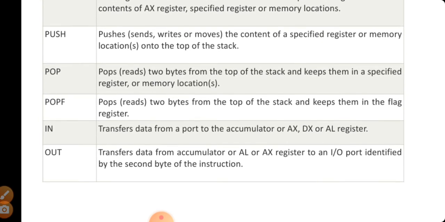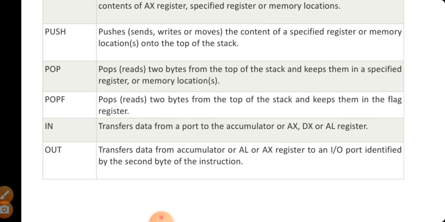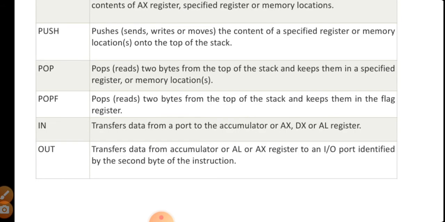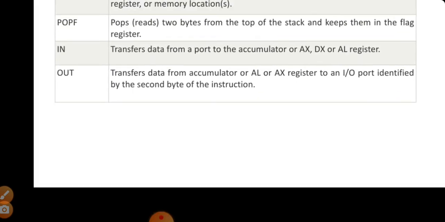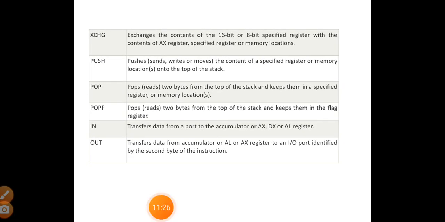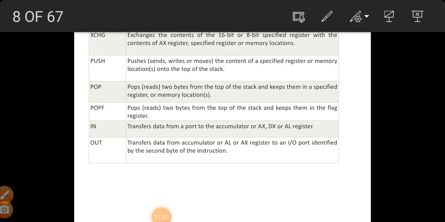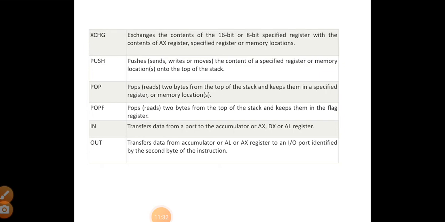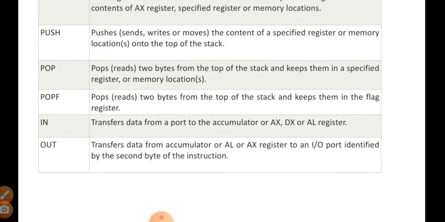OUT register transfers the data from the accumulator or AL or AX register to an input output port identified by the second byte of the instruction. So here we have to see the IN instruction and OUT instruction.